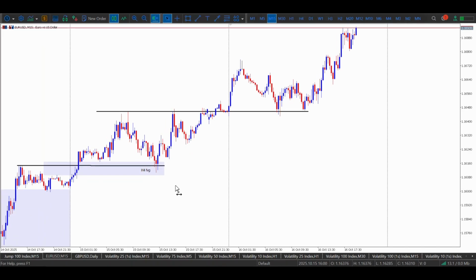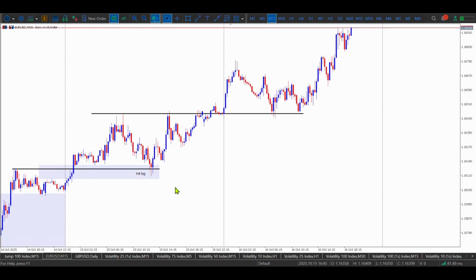So here on M15, rule number 3, we look for our execution setups, which is going to be our shift in market structure with fair value gaps, nothing else. If you know the 2022 ICT model, it's exactly what we are looking for.